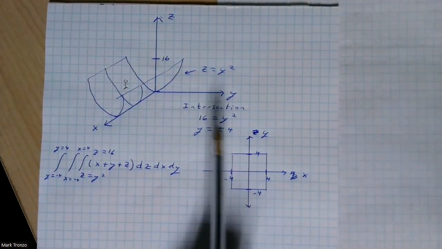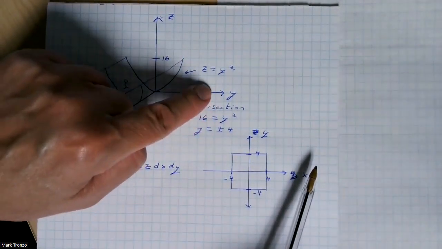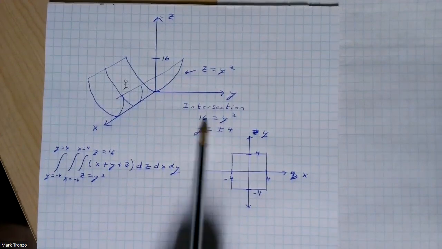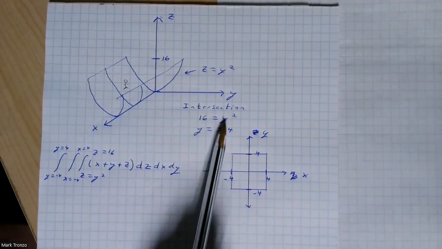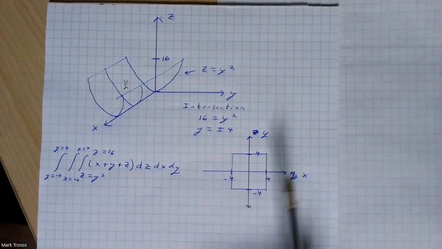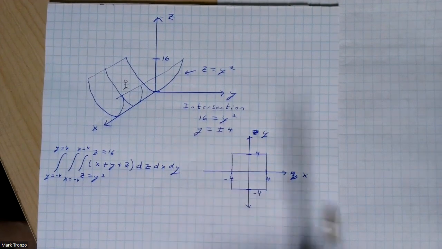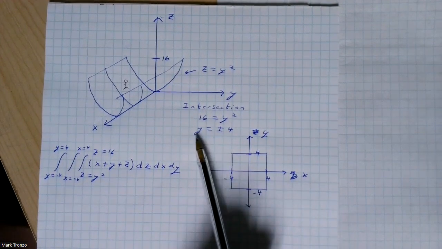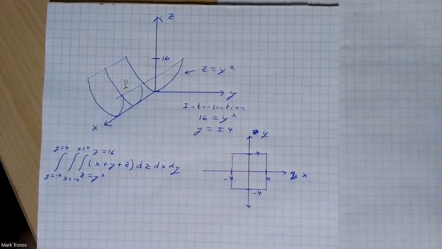When you intersect the plane z equals 16 and z equals y squared, put 16 in here, we get y equals plus or minus 4. We take the square root of both sides, and so y varies from -4 to 4. x was given as varying from -4 to 4. So then put those bounds in, and we're done. Again, we're just setting these up.